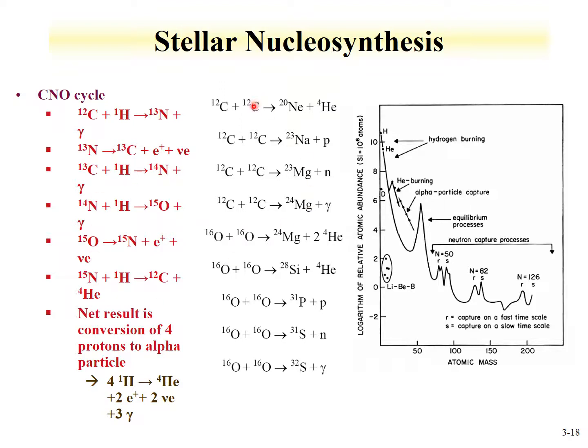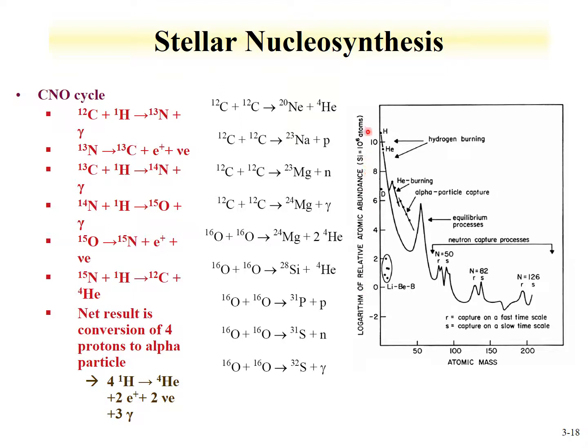We can also have fusion of carbon and oxygen to produce heavier elements, along with production of alpha particles, protons, neutrons, or photons. The overall net conversion of 4 protons to an alpha particle is derived through the summation of some of these reactions.